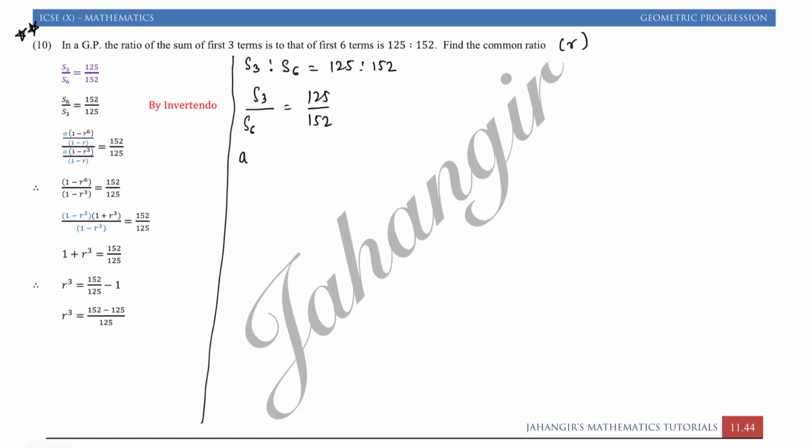So I can write A into 1 minus R raised to 3 upon 1 minus R. Sorry, I took the same formula. I was supposed to take a different formula.